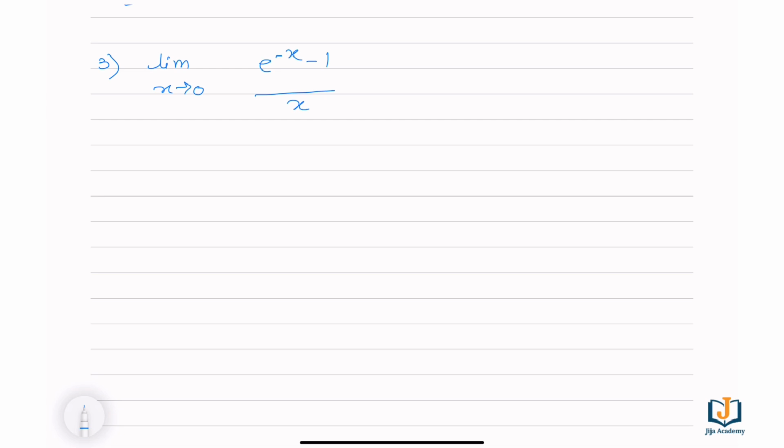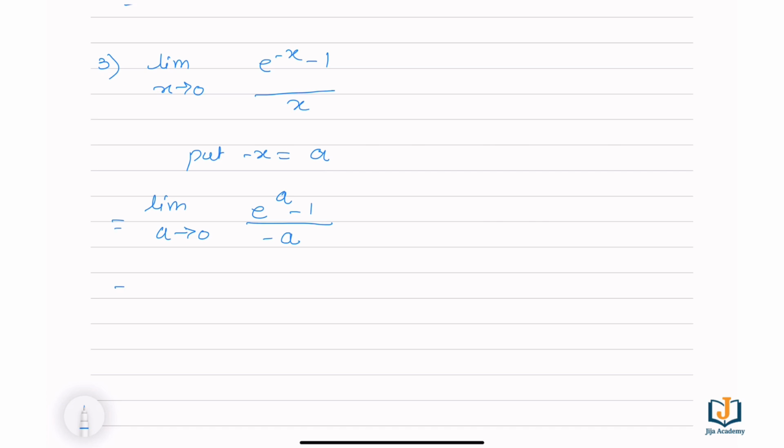So here we can put minus x is equal to a. So we get here limit a tends to 0, (e to the power a minus 1) divided by minus a.